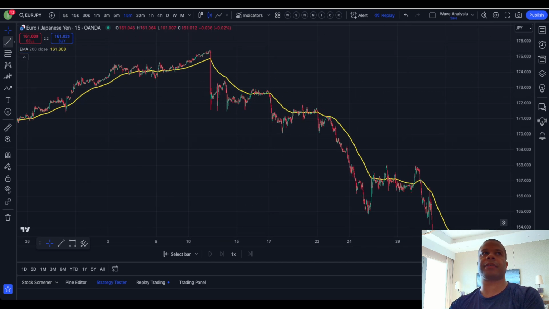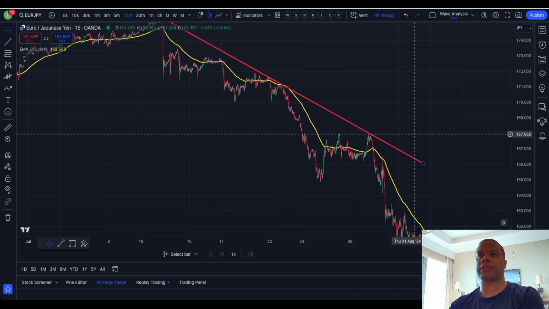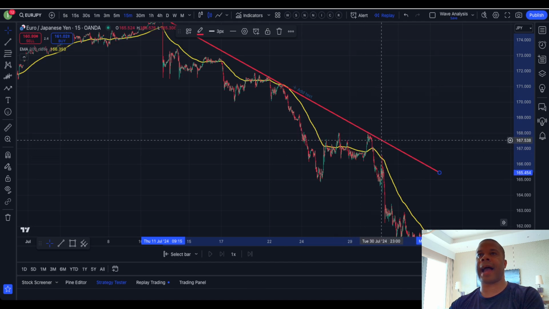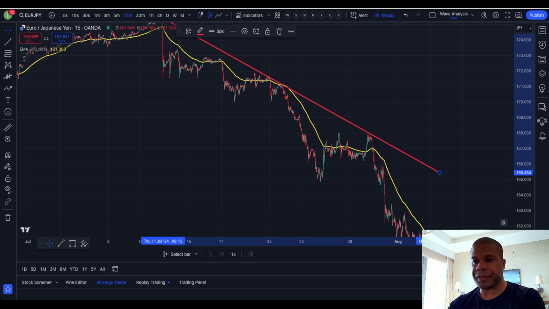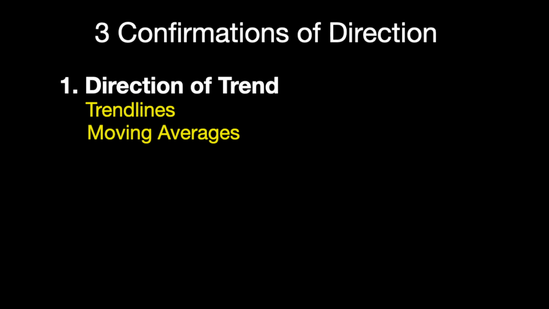So it serves as a dynamic support and resistance. It serves as a trend line where I can have my static trend line, right? And I have my static trend line here, which is my static diagonal resistance, and then I have my dynamic. And so that's the first confirmation that I look for when I'm looking for direction.